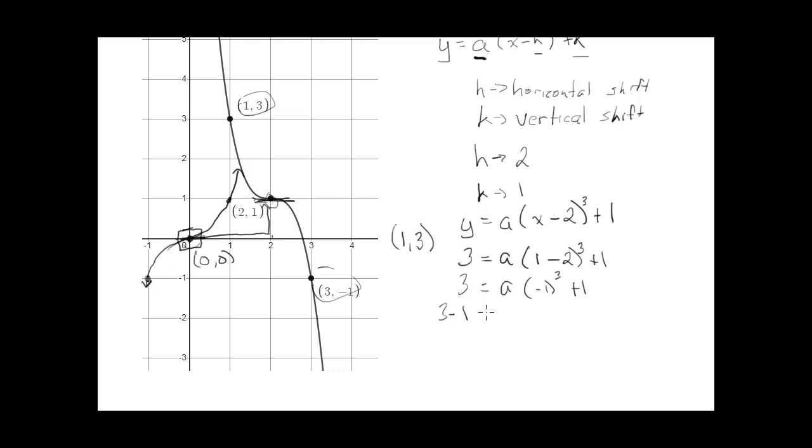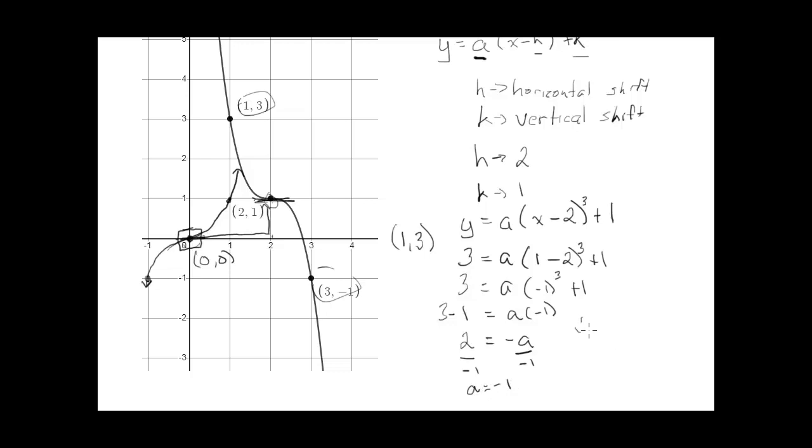Solving, 3 minus 1 equals a times minus 1 cubed, which is minus 1, and the plus 1 I subtracted; that's where this minus 1 came from. So you've got 2 equals minus a. Divide both sides by minus 1. So a is equal to minus 2.